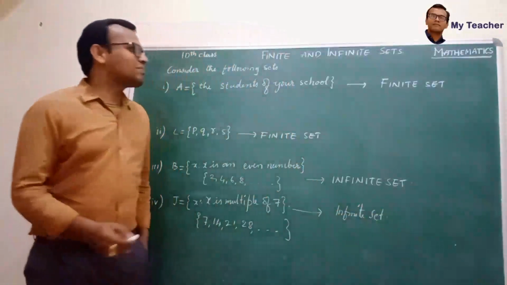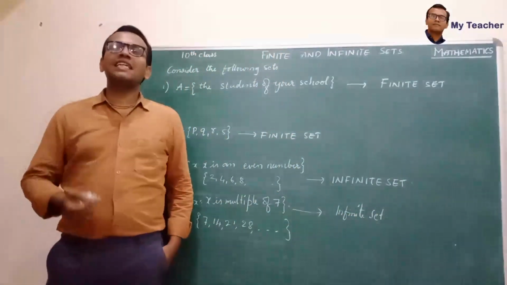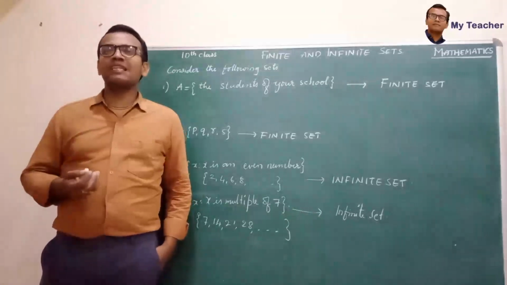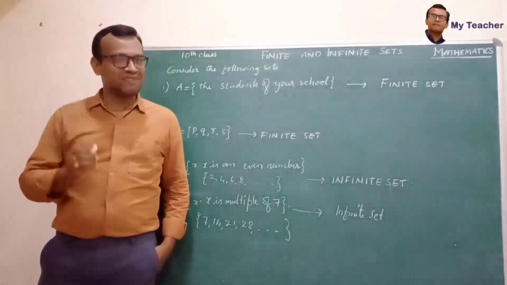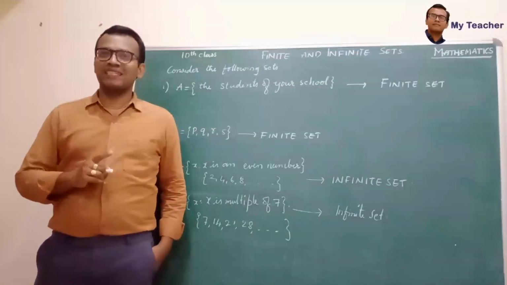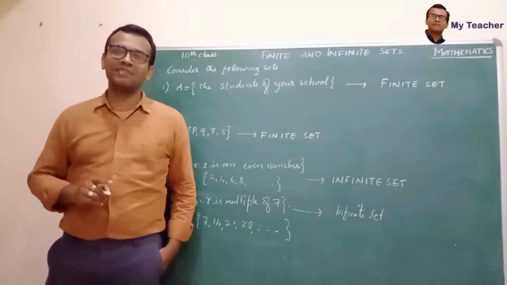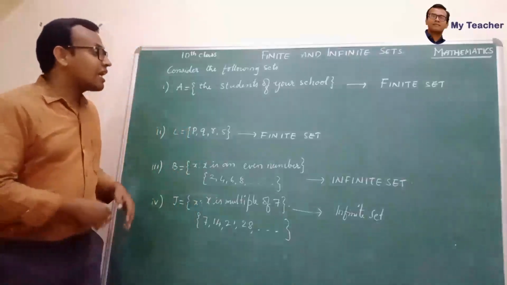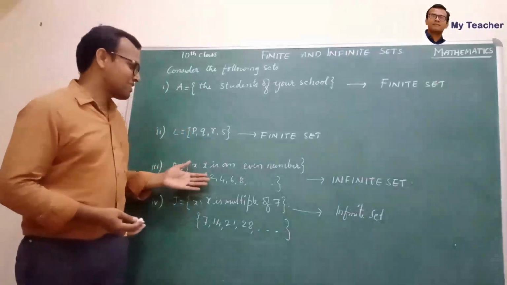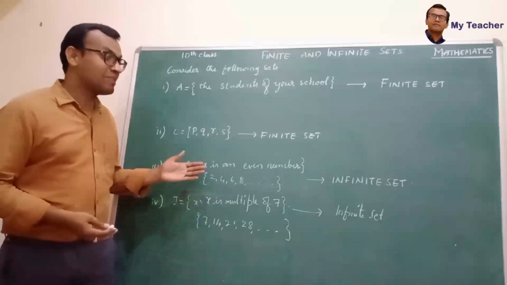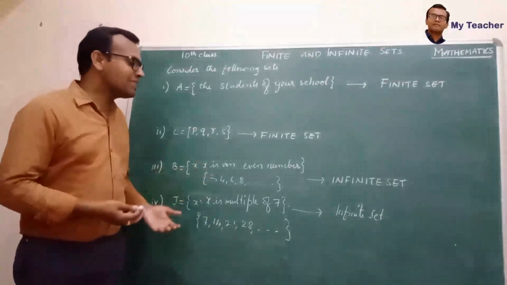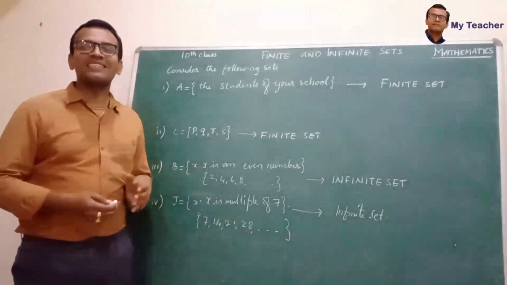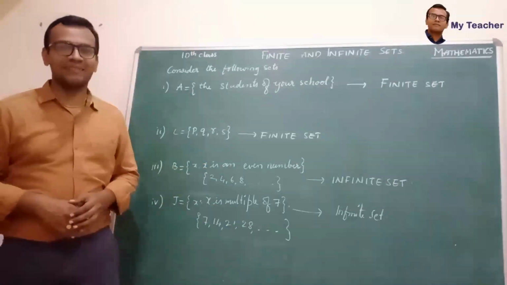So children, what we observed here is that if we are able to express the number of elements of a particular set in a whole number, then it is a finite set. If it is not a finite set, then it is an infinite set. Because there are infinitely many even numbers, this is an infinite set. And there are infinitely many multiples of 7, hence this is an infinite set.